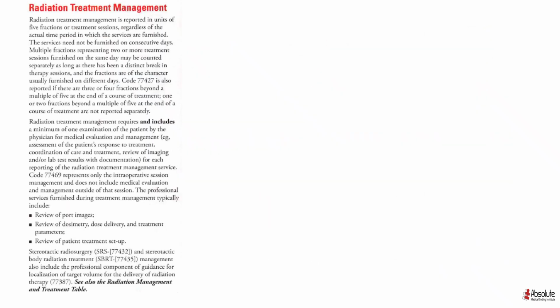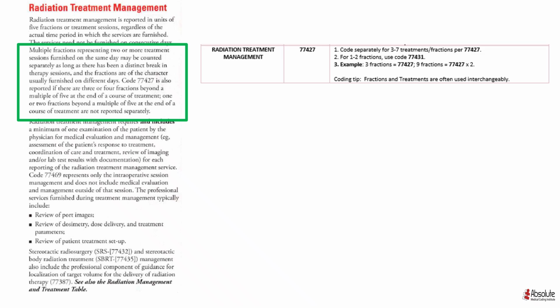Now, if we go to CPT, we go to radiation treatment management, and you read the guidelines specifically in this section, it tells you how to administer these codes, these treatments and fractions. Pretty much, you're going to use 77427 when you have between 3 and 7 treatments.